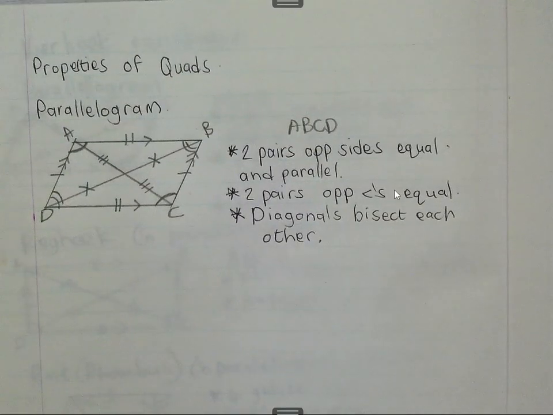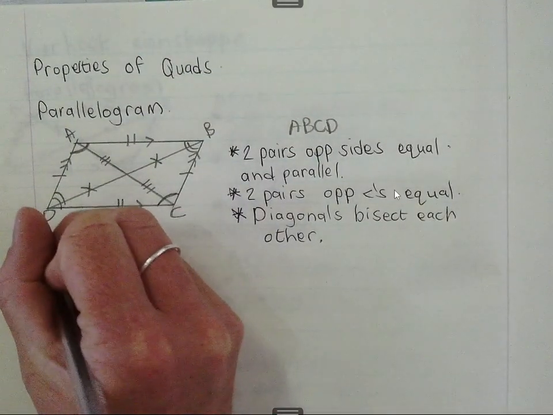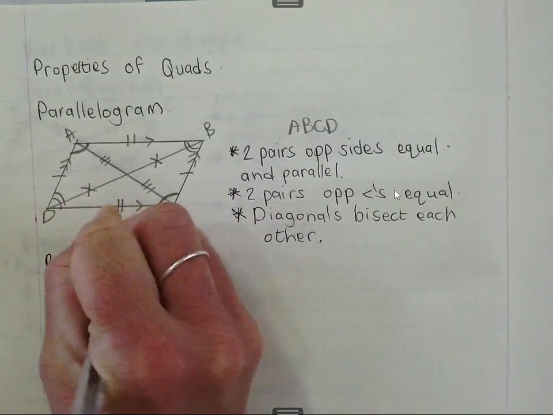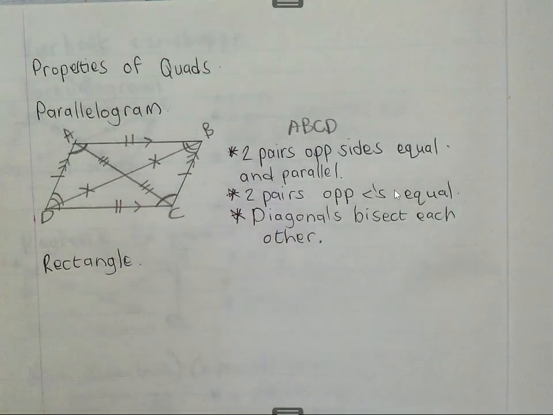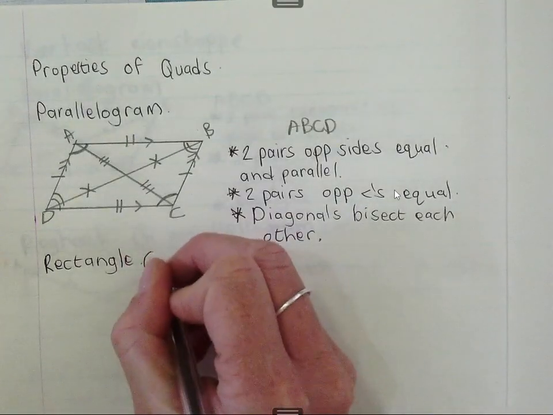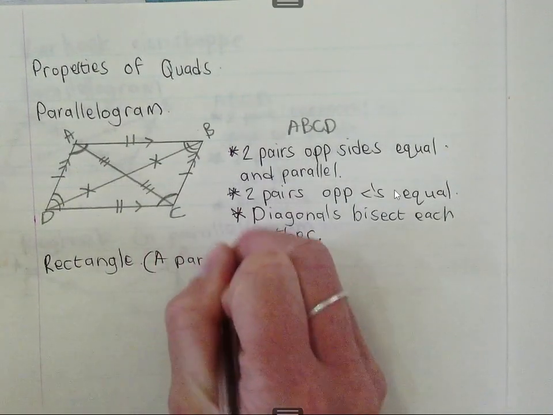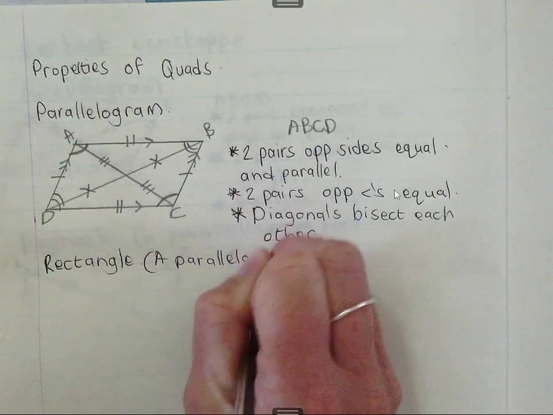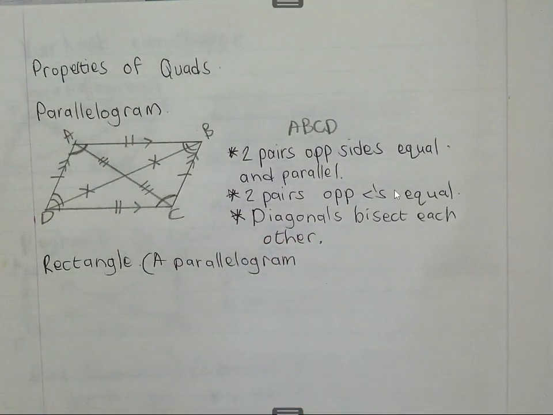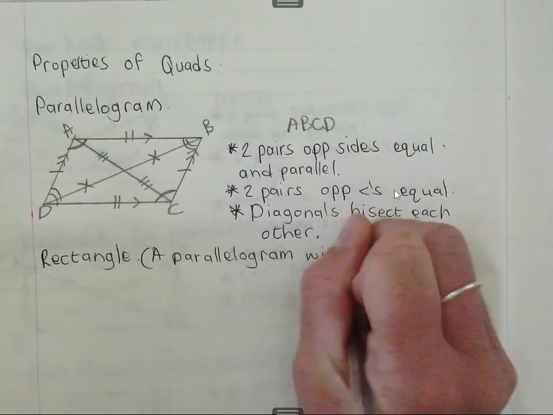Then we're going to move on to the cardiologist. So what is a rectangle? A rectangle is a parallelogram, but with extras.